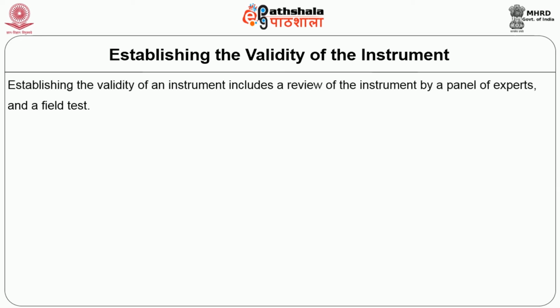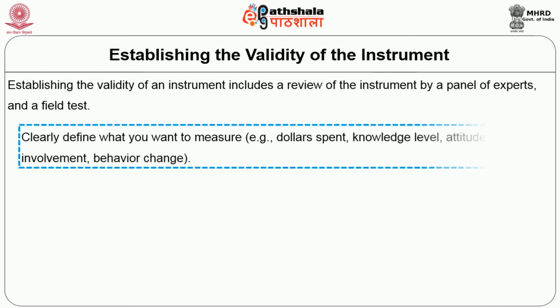Establishing the validity of an instrument includes a review of the instrument by a panel of experts and a field test. The general procedures are as follows. Clearly define what you want to measure: dollars spent, knowledge level, attitude, people involvement, behavior change, and so on.